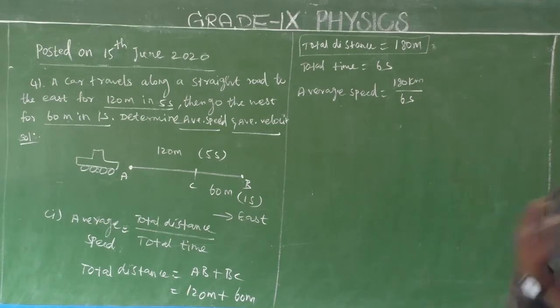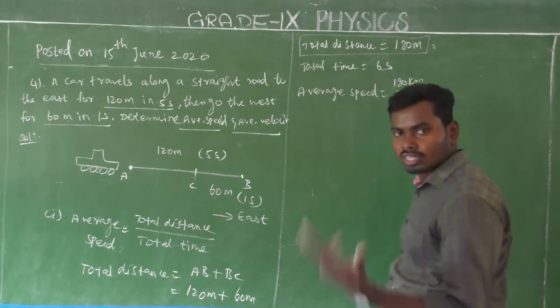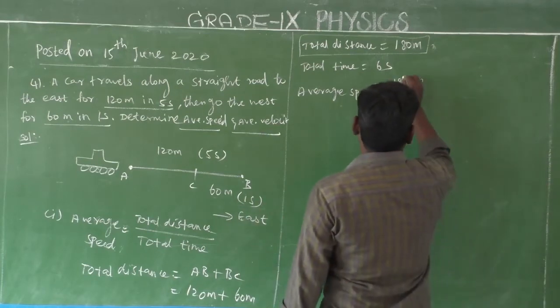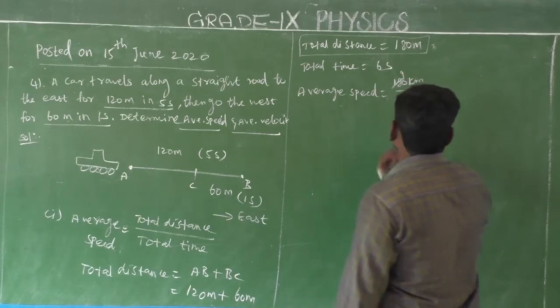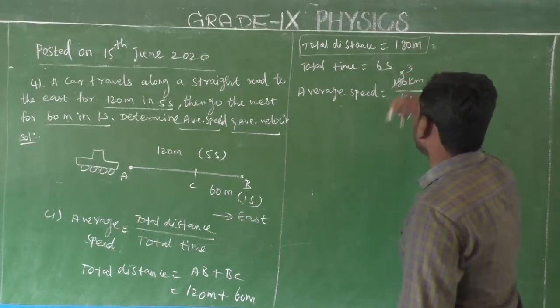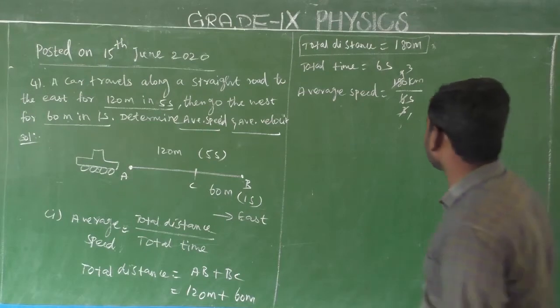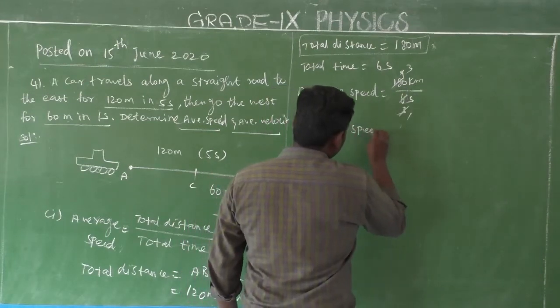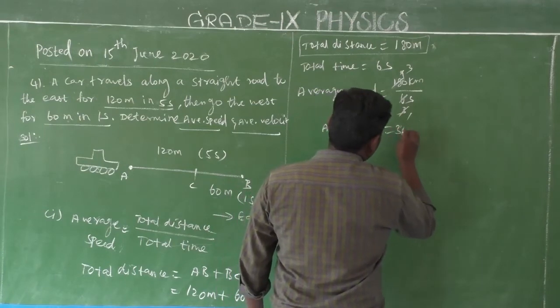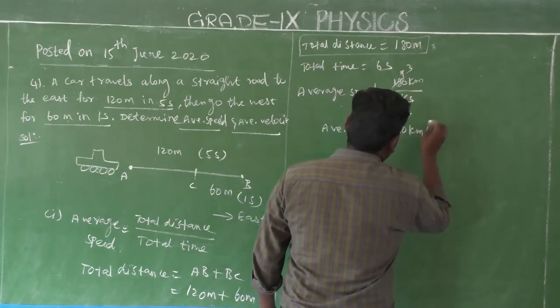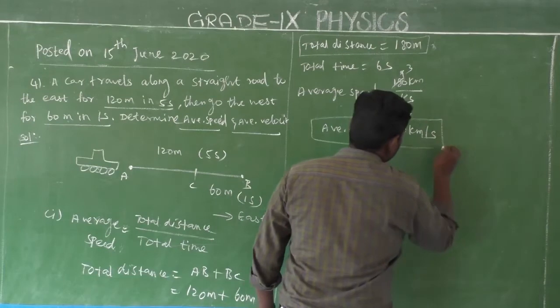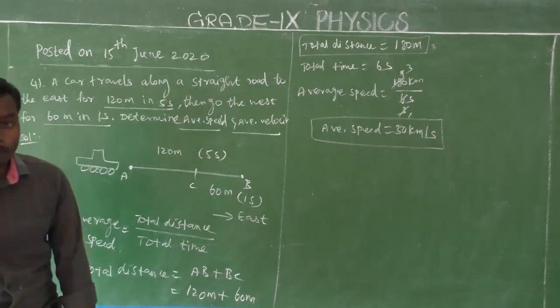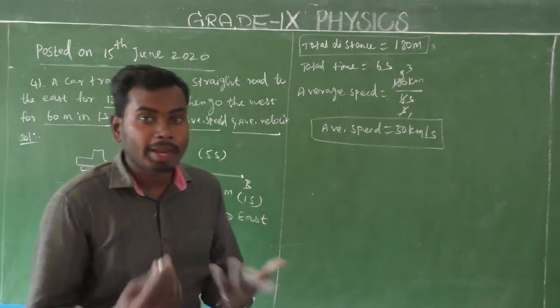Further, divide 180 by 6. Use the table of 6: 6 times 3 is 18, so this is equal to 30 meters per second. So average speed is equal to 30 meters per second. That is the average speed of the car.